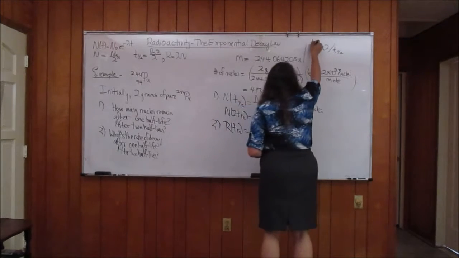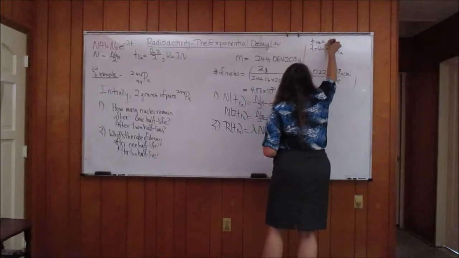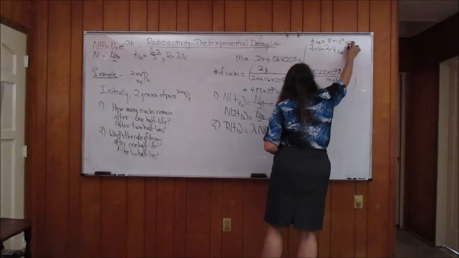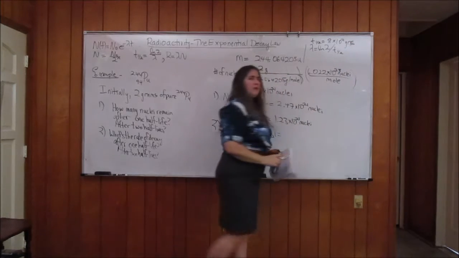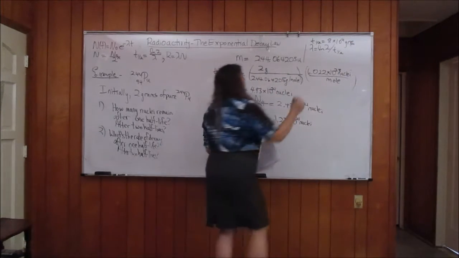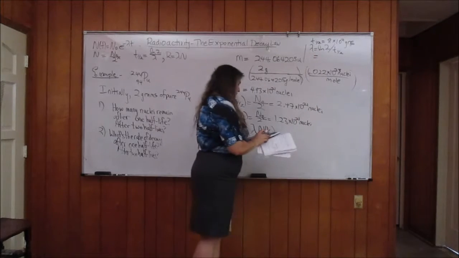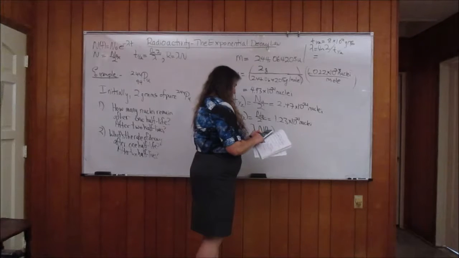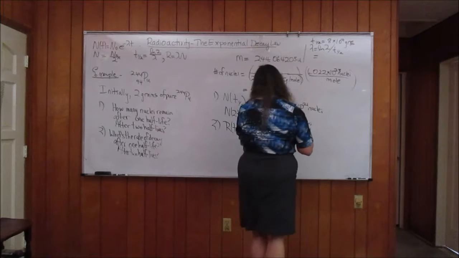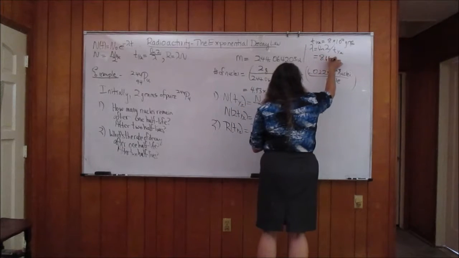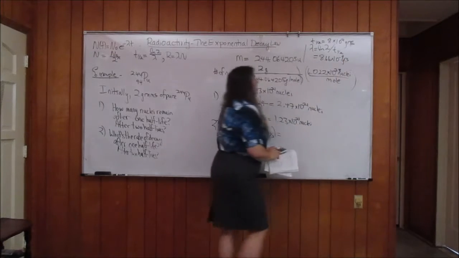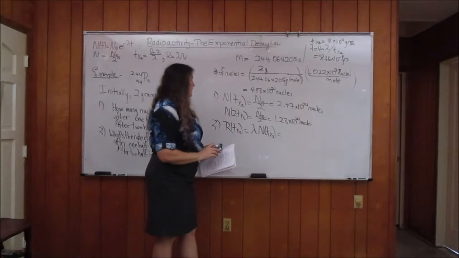Half-life of plutonium is 80 million years, or 8 times 10 to the 7th years. Therefore, the decay constant is equal to 8.66 times 10 to the minus 9th per year.